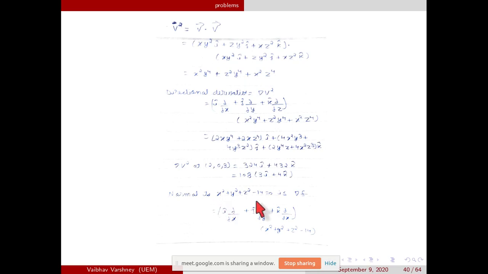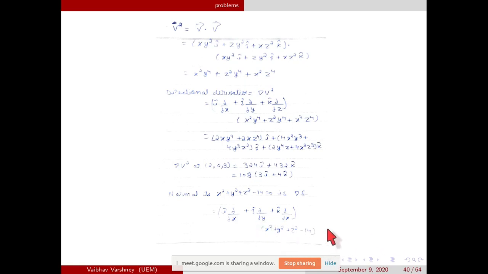So to calculate the normal to this, we have to calculate the gradient of this function. If we take this function as f, we have to calculate its gradient. Again, the expression of gradient is i del by del x plus j del by del y plus k del by del z, and this is x square plus y square plus z square minus 14, which is nothing but the equation of the sphere.